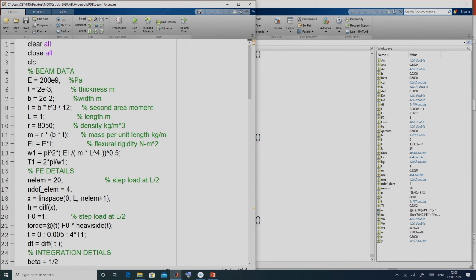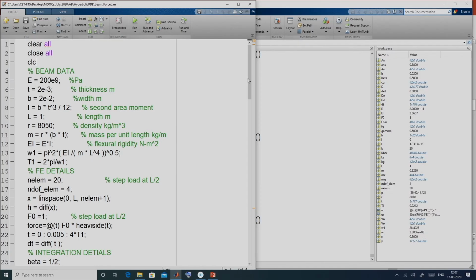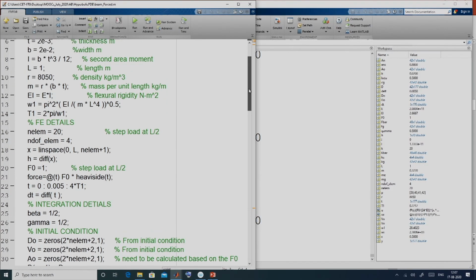Here the initial conditions are 0 for the simply supported beam, that is, both the displacement and velocities are 0, but at time instant t equal to 0, we suddenly put a force F naught at the middle of the beam, and that renders the vibration.